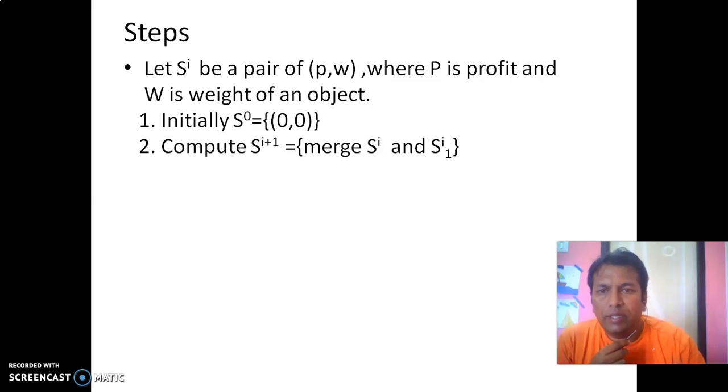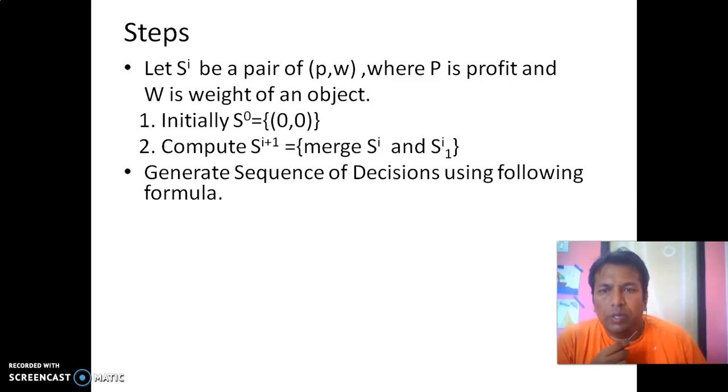Then based on this S^0, we are going to compute S^(i+1), which is nothing but the merging of S^i and S1^i. By following step 1 and step 2, we generate a sequence of decisions, and for those sets we are going to apply one rule.